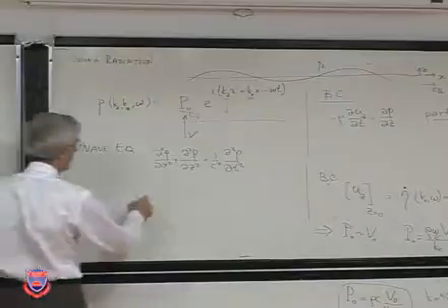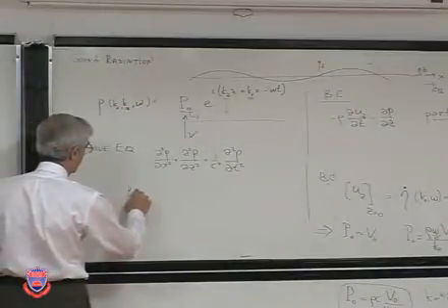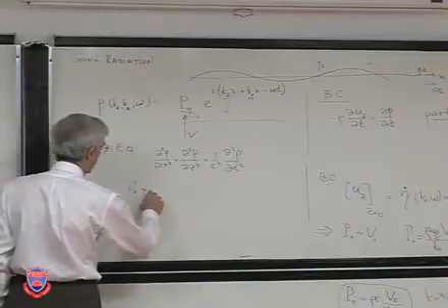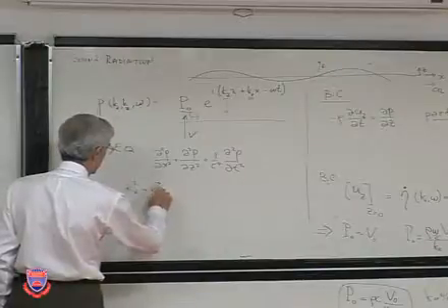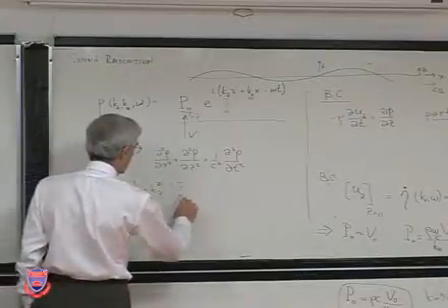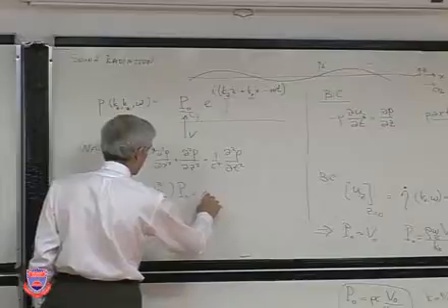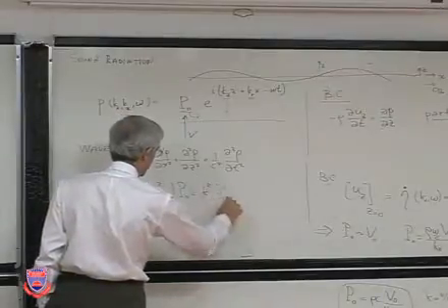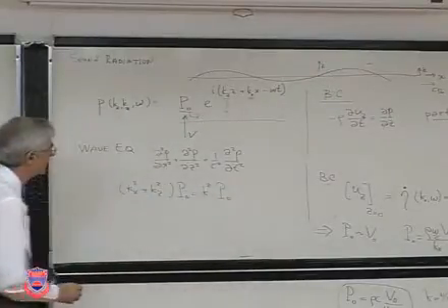And if we transform this, that is going to give us kx squared plus kz squared.